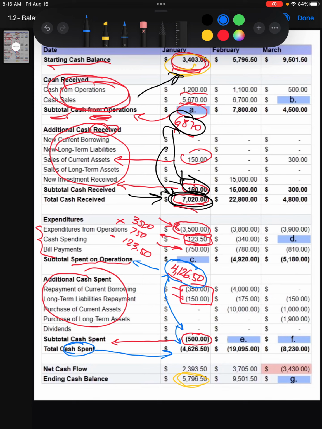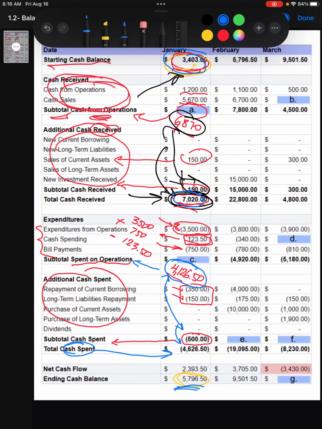So now I have everything from the column. So how did I get this number, 5,796? Well, I need to begin with the original $3,403. Now I'm going to add how much money I received. It means 7,020.